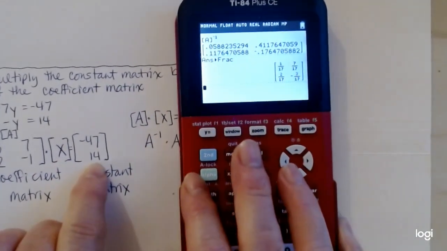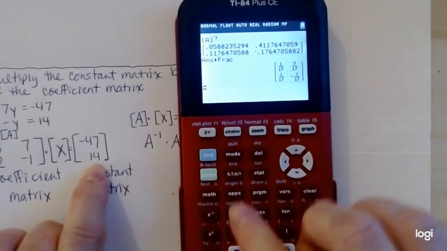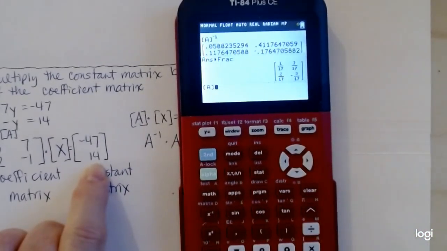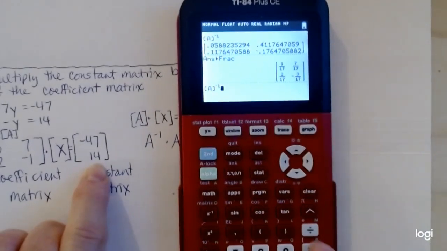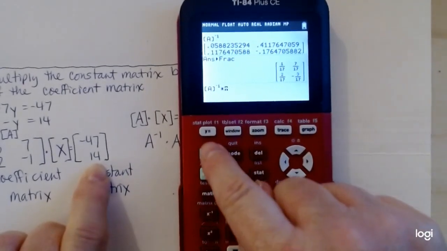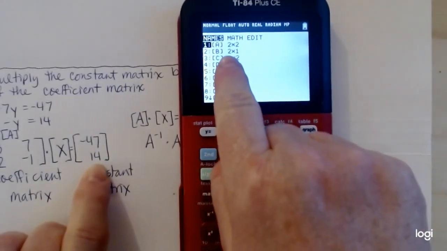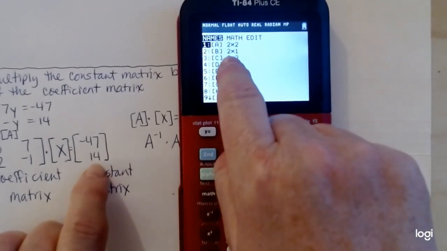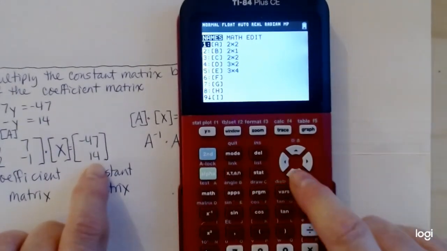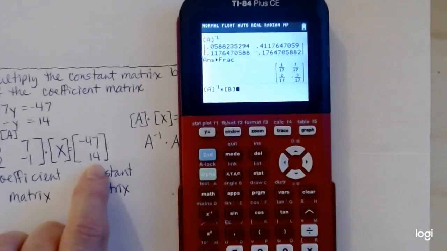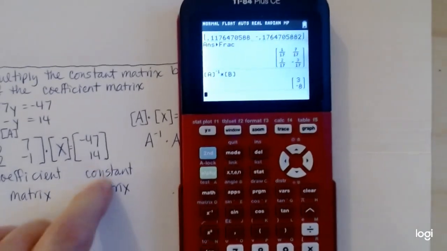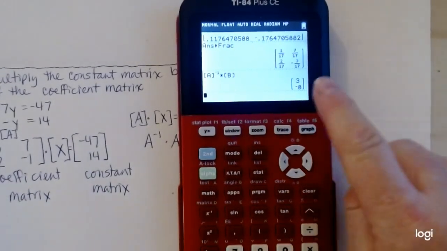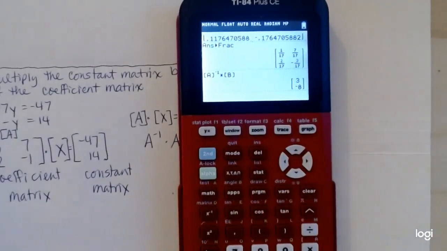So I'm going to go back and do second matrix A inverse times second matrix. Now the matrix that I want for the constants is matrix B. So I go down to 2 and choose that. And when I hit enter, I get the solutions, 3, -8.